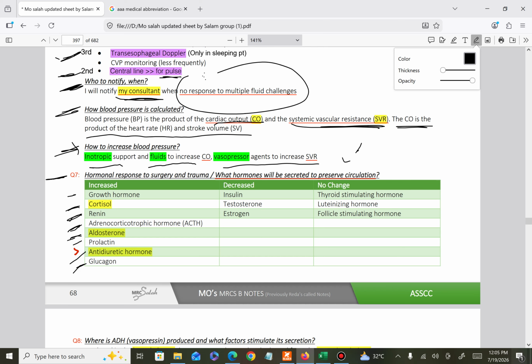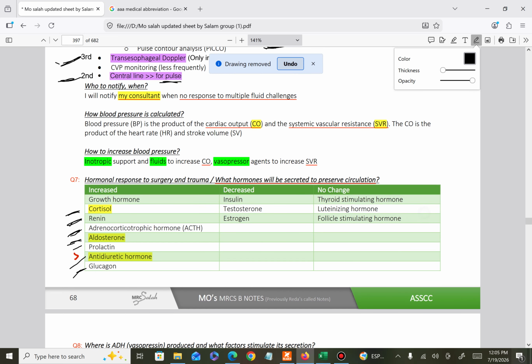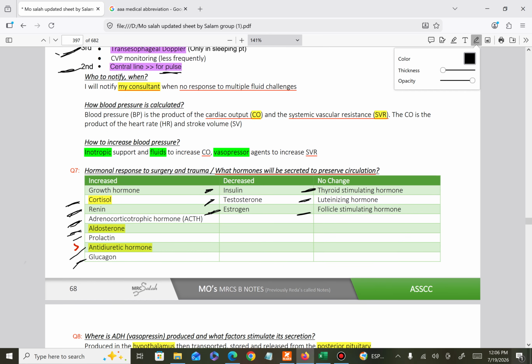These hormones increase in level during trauma or surgery to preserve the circulation, while insulin, testosterone, and estrogen decrease, and there is no change in TSH (thyroid stimulating hormone), luteinizing hormone, and follicle stimulating hormone.